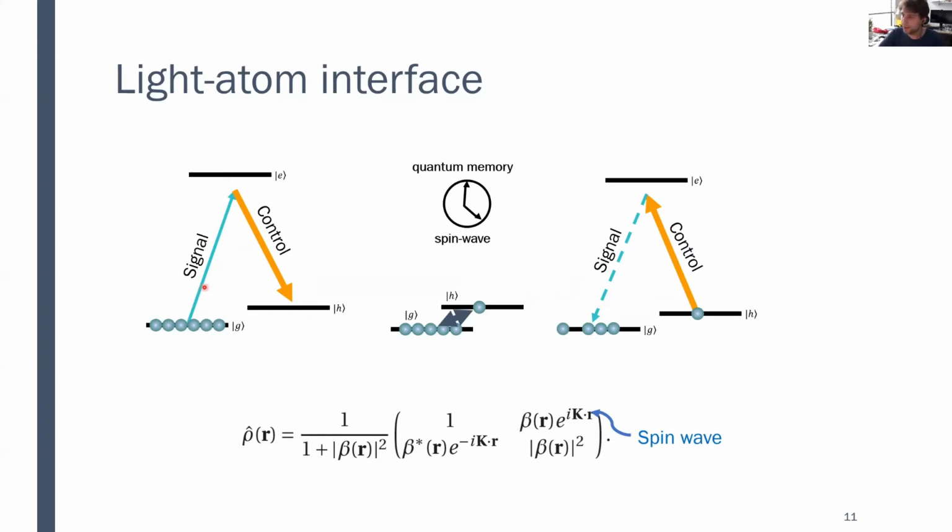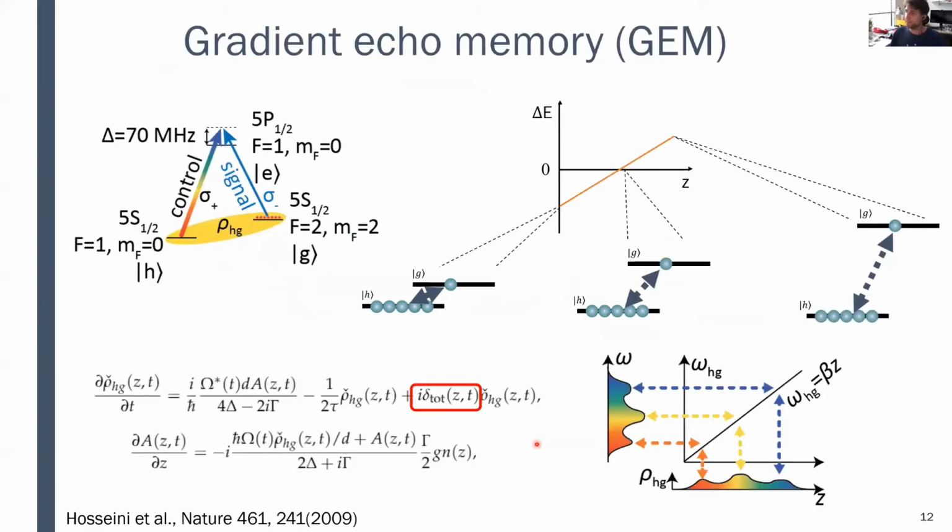Our interface is based on a three-level system where we input the signal field to pre-pumped atoms. Using a control field, we can map the signal into the atomic coherence, which is stored as a spin wave in the ground state of the atomic ensemble. Then we can apply another pulse of the control field to retrieve the spin wave.